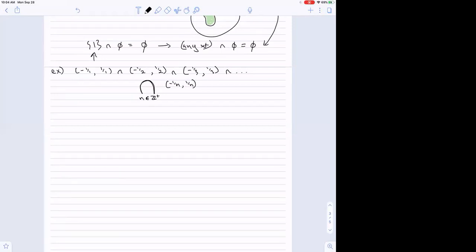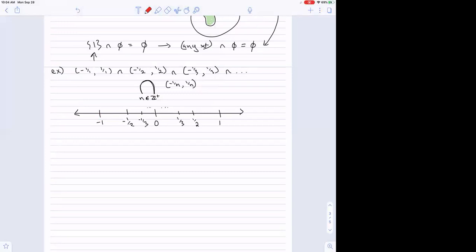Okay, so if I were to draw this one out, and I hope I don't mess it up, I'll try not to. I have 0 here, and then I have -1, 1, -1/2, and 1/2, and -1/3 and 1/3. That's all I'll draw, but I'll just write dot, dot, dot. Oh, I had open intervals.